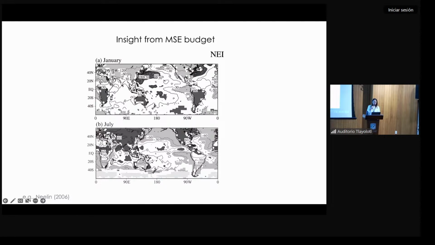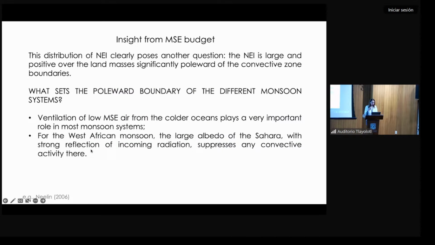That is because these desert regions have such a high albedo that a lot of that incoming energy is not made available, but is reflected back to space. And that is one reason why we think there are a lot of interesting features that arise because of the presence of these deserts poleward of, for instance, the Western African monsoon.